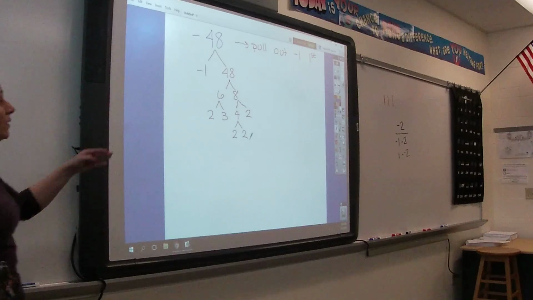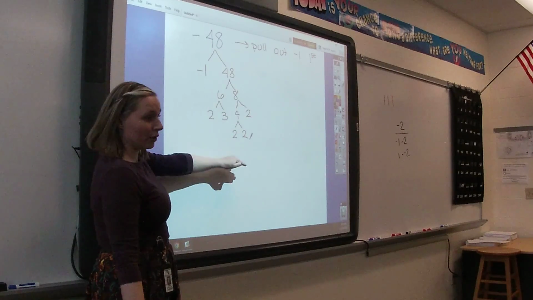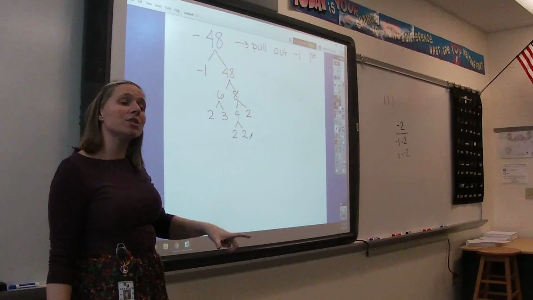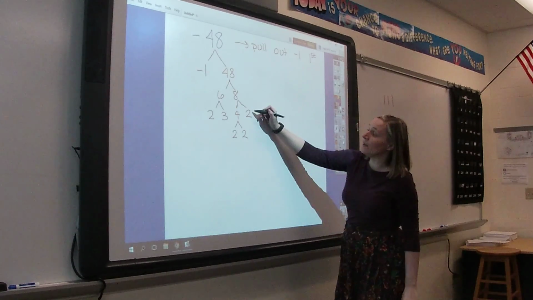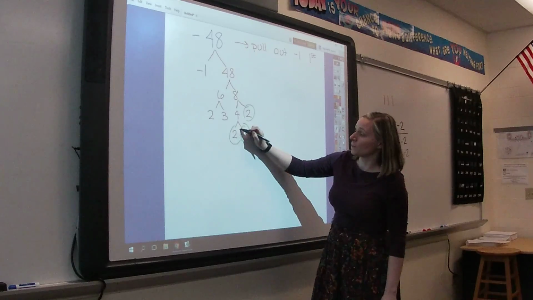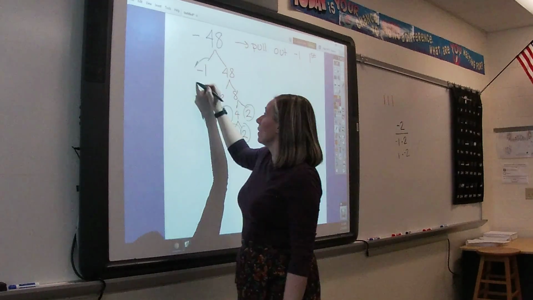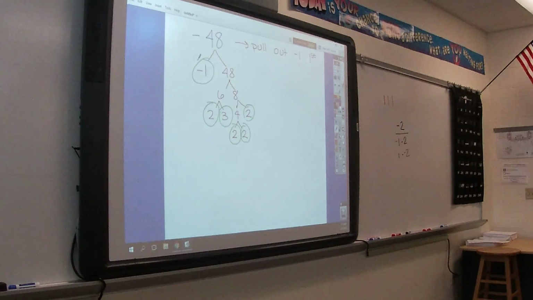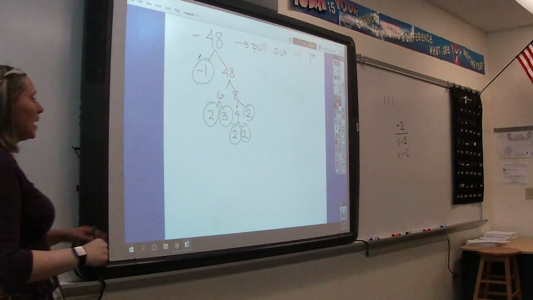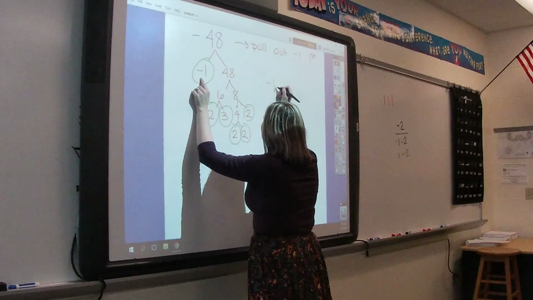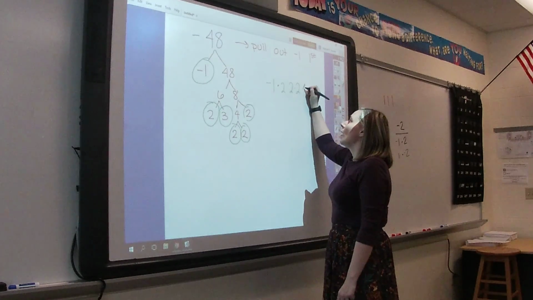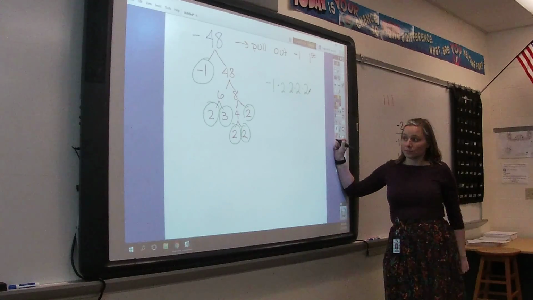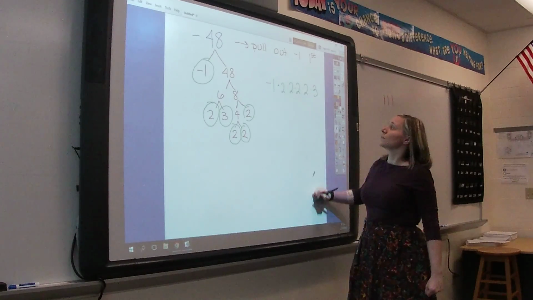Okay, so now even though we have numbers at multiple levels, again, as long as there's nothing coming off of it, it still counts as part of our prime factorization. So all of those numbers count. Anything with a branch off of it does not count. So we would say negative 1, 4 twos, and a 3.